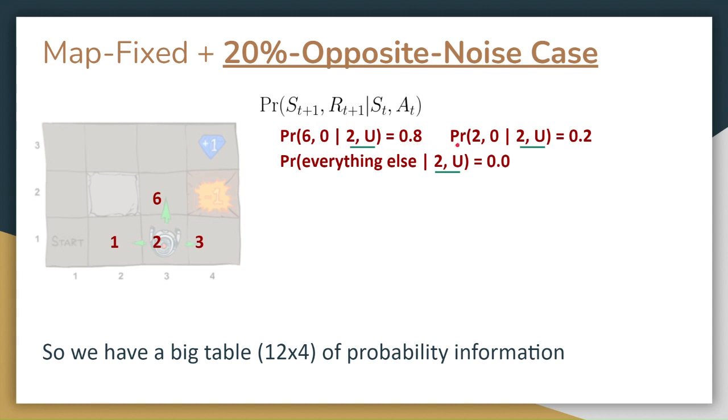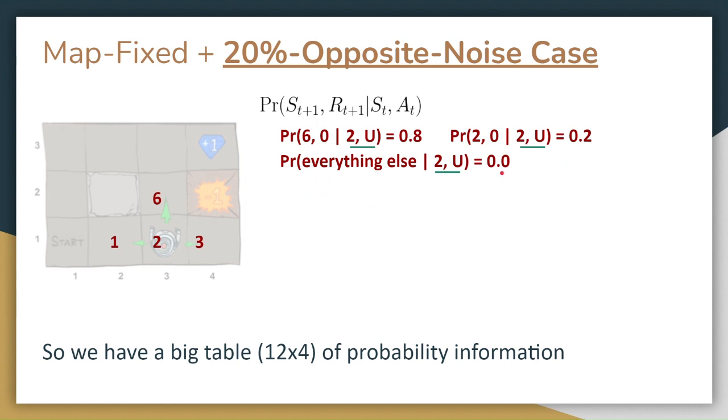And the probability that, with the same condition, you end up going down, but because there is no down here, you stay in the same state, so you stay in the same state too with 0 reward. This probability is equal to 20%, and there are only 2 possibilities in this game, and everything else has 0%.